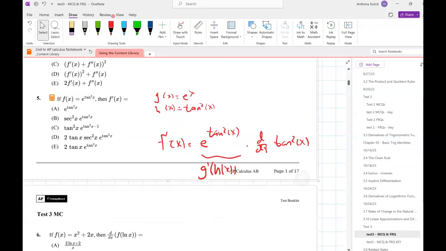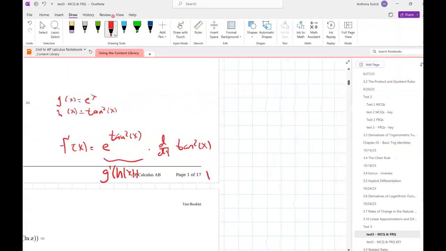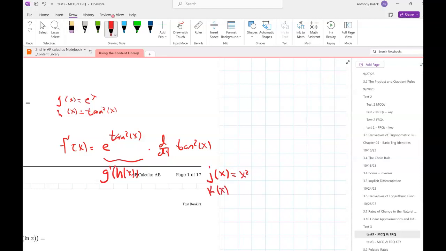What is the outer function for tan squared x? Good. J, H, I, oops, I should have done J here, huh? And the inner function is tan x, right?